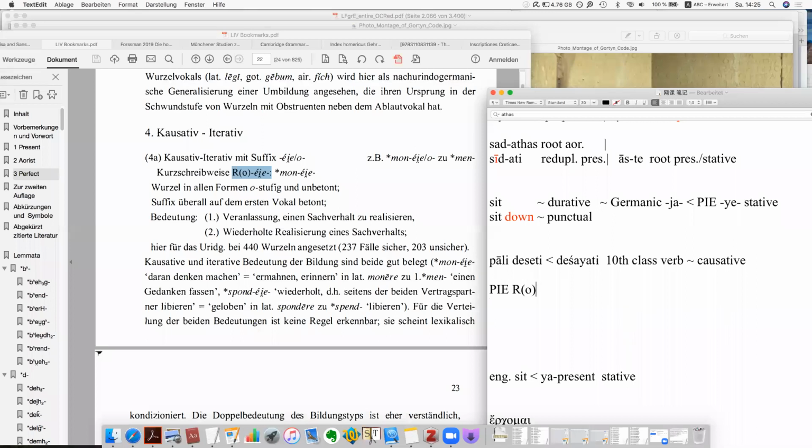So if we have such a structure in Indo-European languages, the meaning is actually not only causative but iterative. Iterative and causative. So if we have such a verb, it can mean causative, but also iterative. And what is the meaning of iterative?